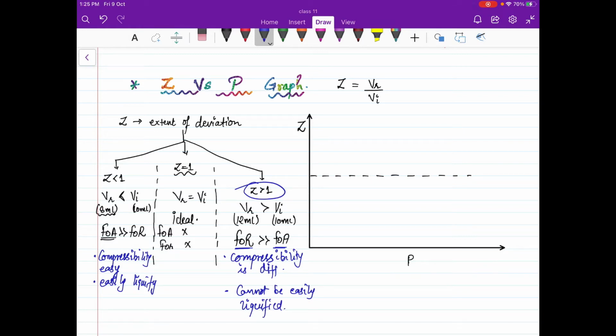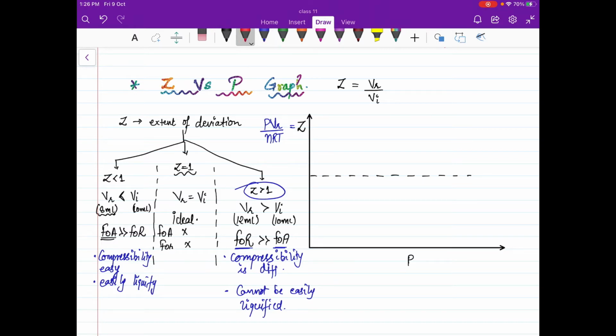Correct? So this whole thing was proposed by Amagat and Andrews, that we saw in the last class, and to prove this point he proposed a graph of Z versus P. Now what is Z over here? We know Z is equal to P V real by nRT.